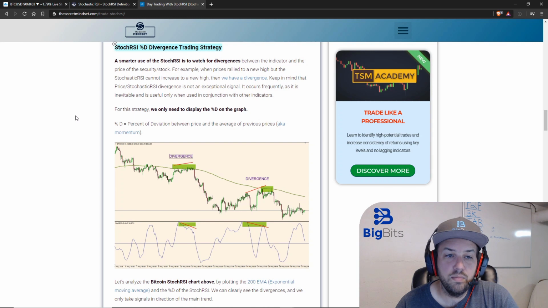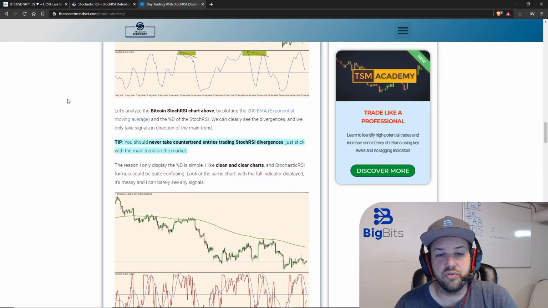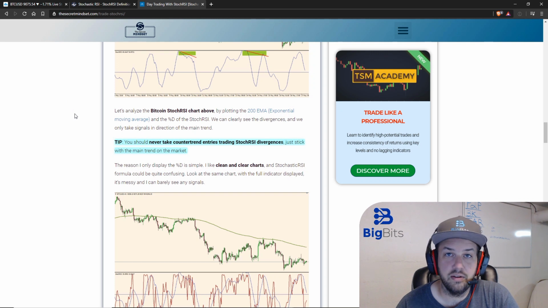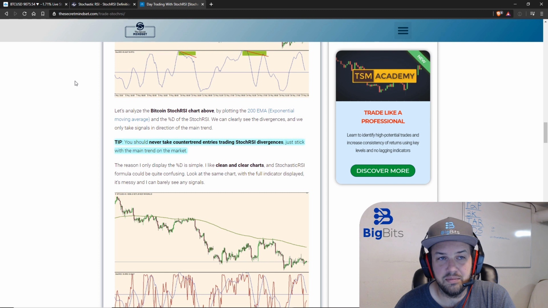Now, the other thing that they do make clear is that if you are going to be trading divergences, you need to stick to the current trend. This is very important because a lot of times divergences could just be the end of a first wave of a dump or a pump when you're looking at price action.